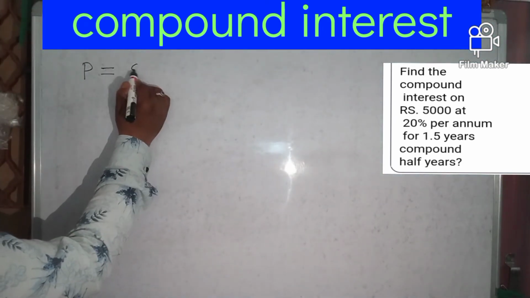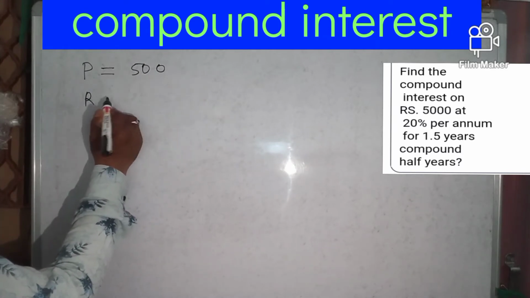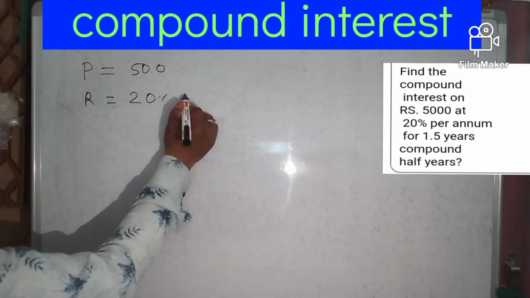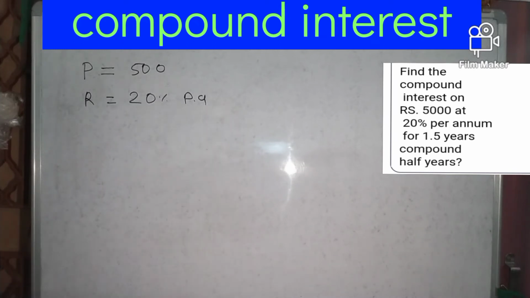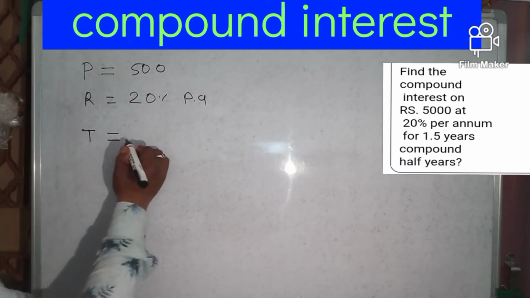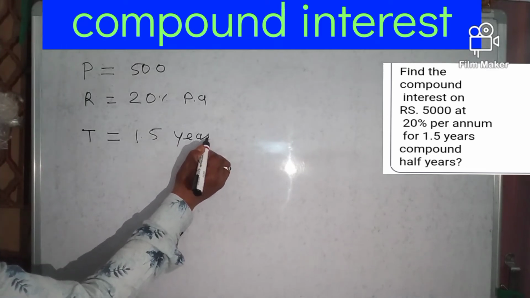Principal is equal to 5000. Rate of interest is 20% per annum, right? And time duration is 1.5 years.